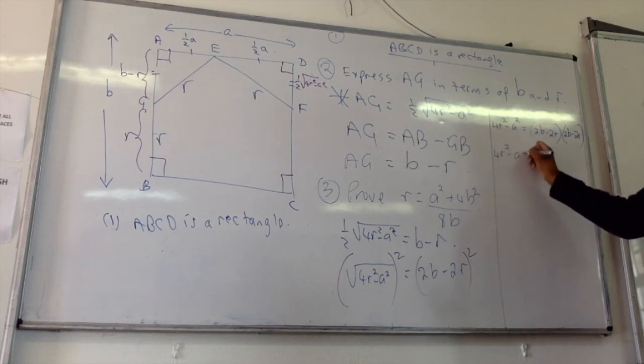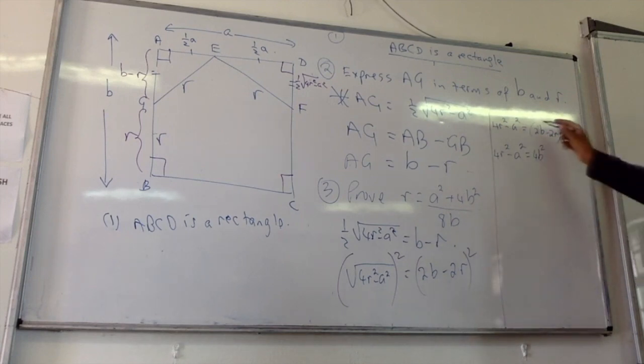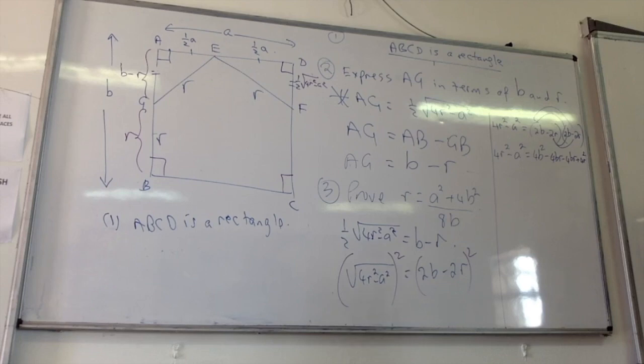So we get 4r squared minus a squared. Now 4b squared, so that is this one. Then minus 4br. Then this one, minus 4br again. And the last will give us plus 4r squared. Okay, there we are. So we are trying to find r. So we now need to take all terms that have r and bring them to one side. Can we take them to the left?